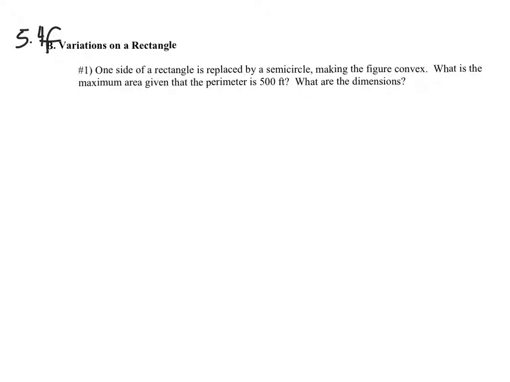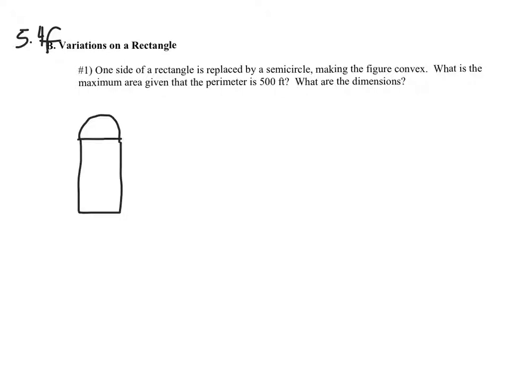All right, now we've maximized the area of a rectangle, but we're going to do a variation on a rectangle. So what happens here is one side of a rectangle is replaced by a semicircle. For example, here's your rectangle, and instead of this side being straight across, it's being replaced by a semicircle.